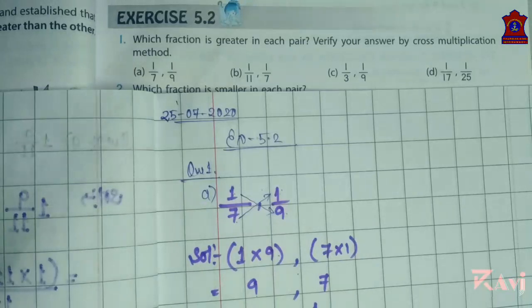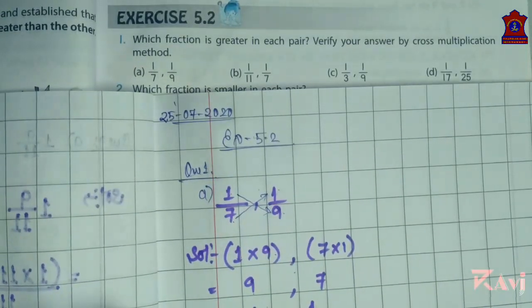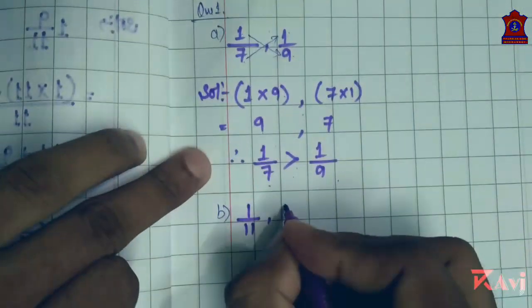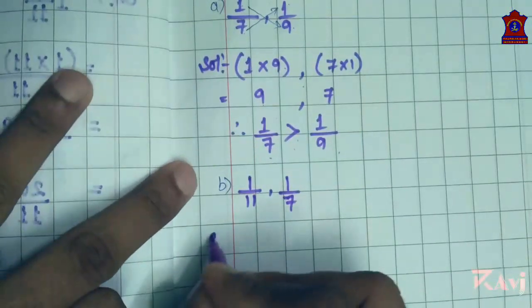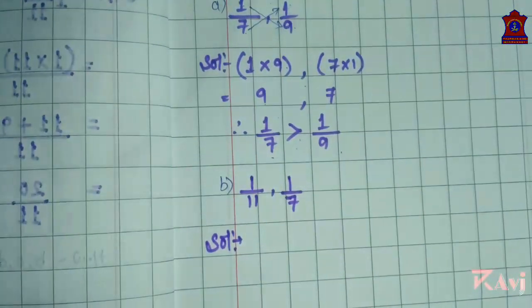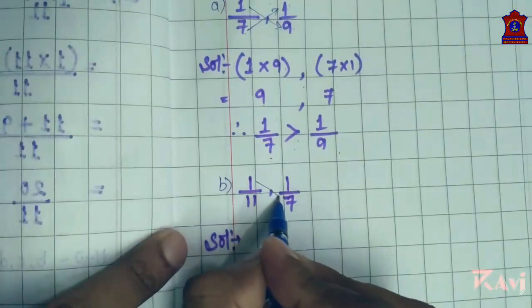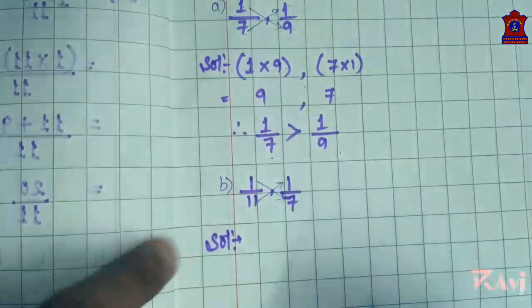1 by 11 and 1 by 7. Same solution. What you will be doing? 1 will be multiplied by 7 and 11 will be multiplied by 1.